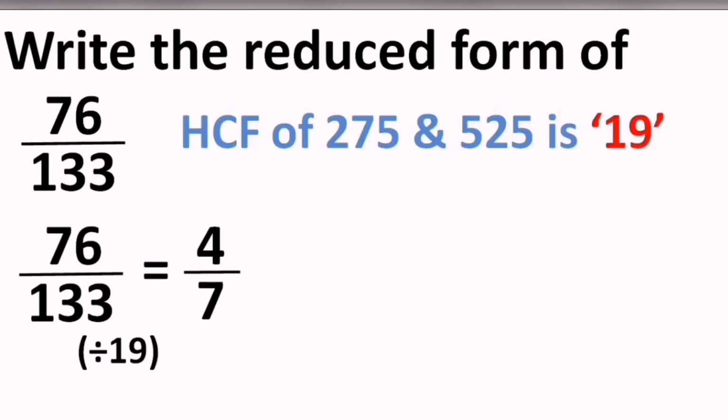And as I told you, you must learn the tables of 13, 17, 19 carefully and memorize them. Like this, sums become very easy if you know the tables. So as we got the answer, we can say the fraction 76 upon 133 is reduced to its simplest form, that is 4 upon 7.